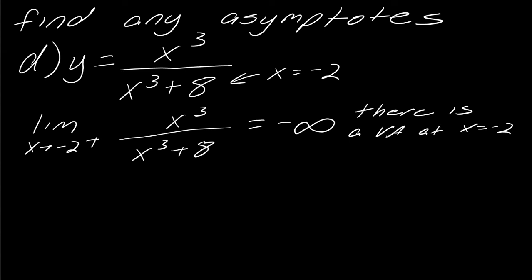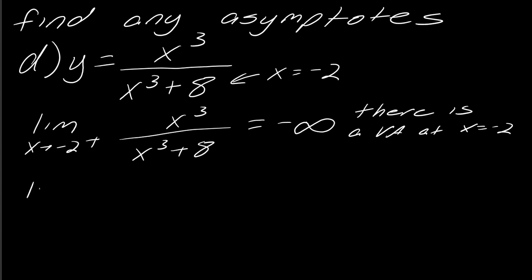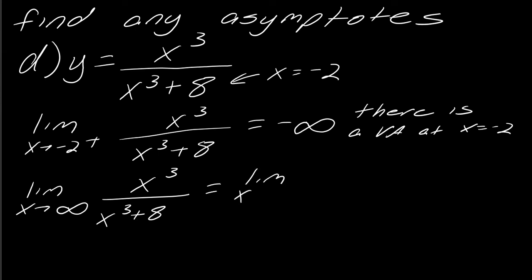And now for the horizontal asymptote, I want to take a look at what happens as x approaches plus or minus infinity. So in this case, as I go to infinity, if I divide everything by x to the third, which is my highest power in this case, this will leave me with 1 over 1 plus 8 over x to the third, which means that this part here is going to end up going to 0.